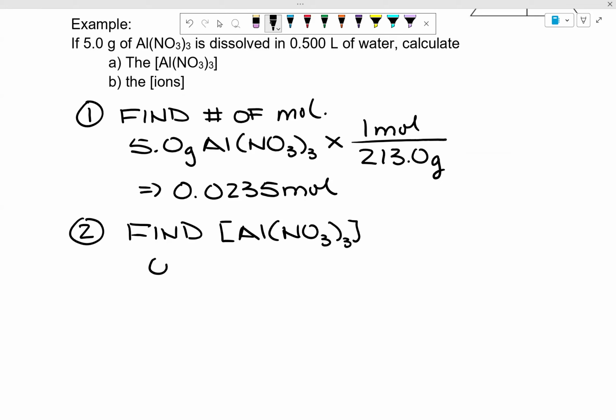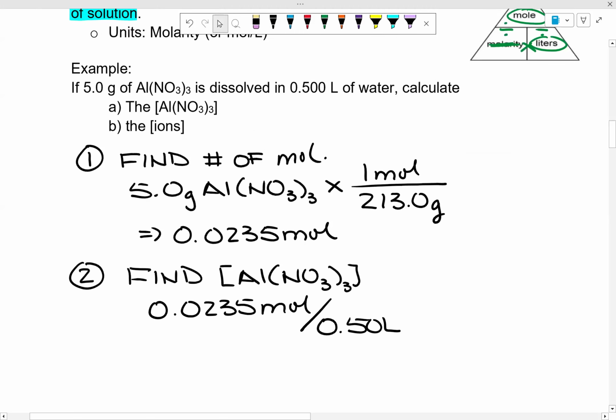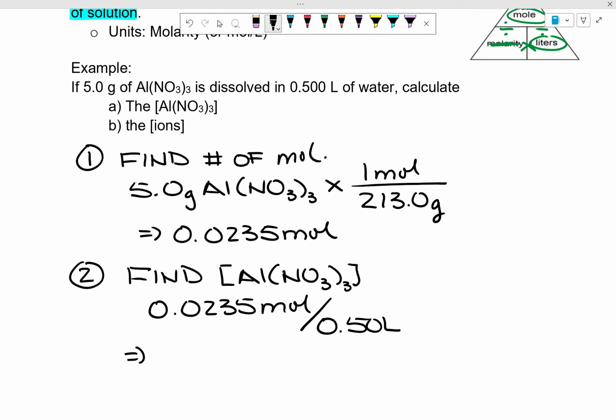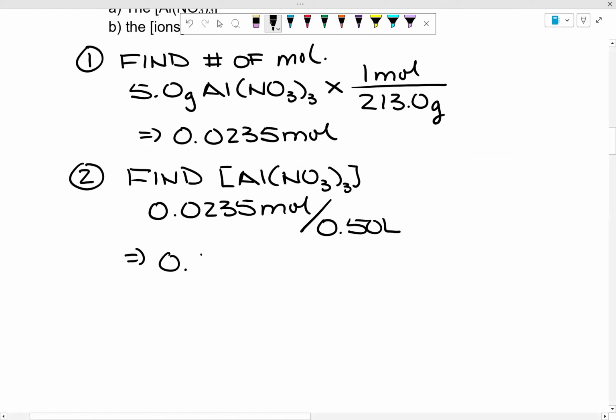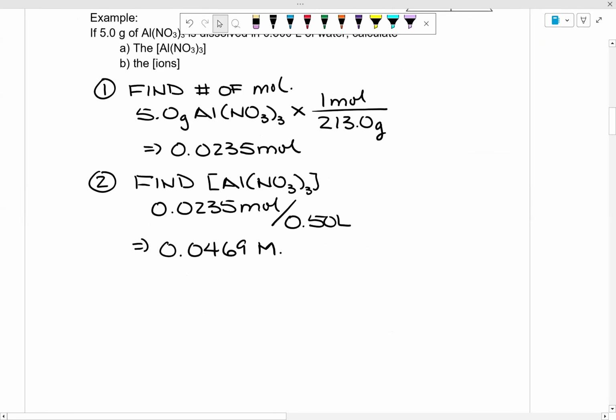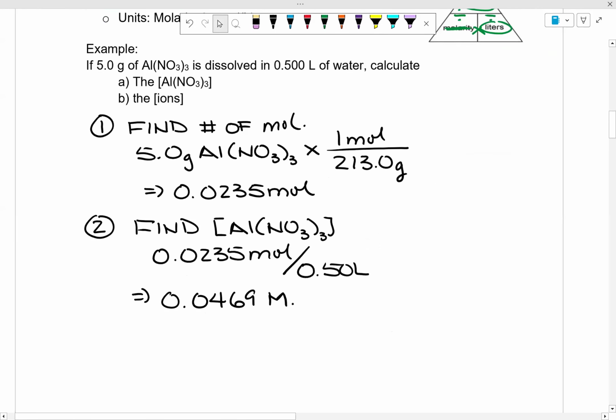So we have 0.0235 moles divided by 0.50 liters, and that gives me 0.0469 molarity. That's just to solve for A.